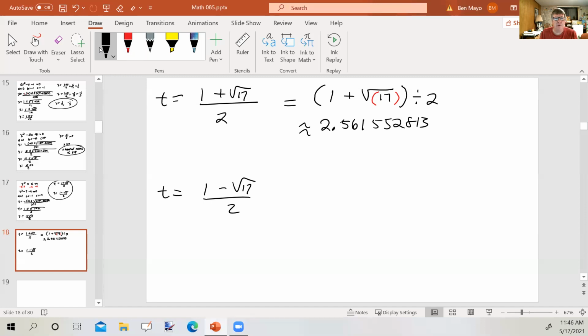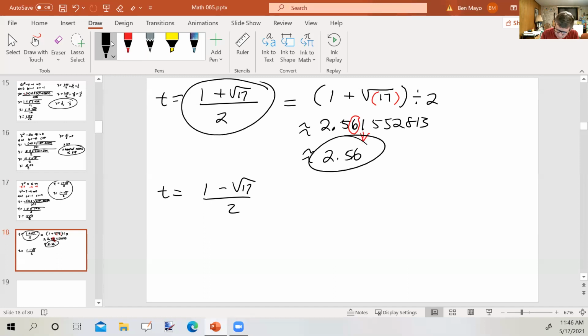2.561552813. The direction said to round to the nearest hundredth. The hundredth spot would be the 6. The 1 would round down, so I'm going to get approximately 2.56. So here is one of my exact answers and one of the approximate answers. Now, the second one is going to be 1 minus the square root of 17 divided by 2. Again, I need that second set of parentheses.